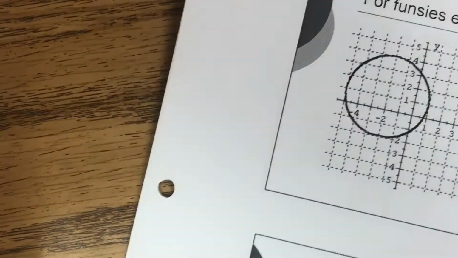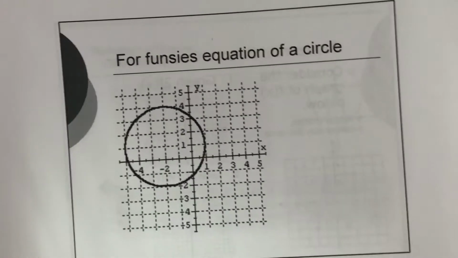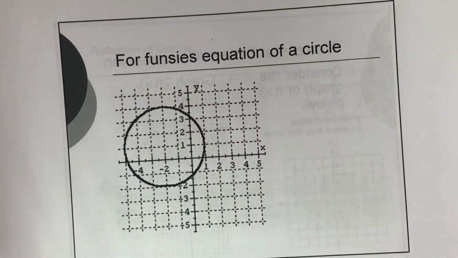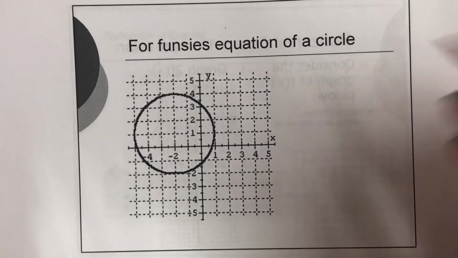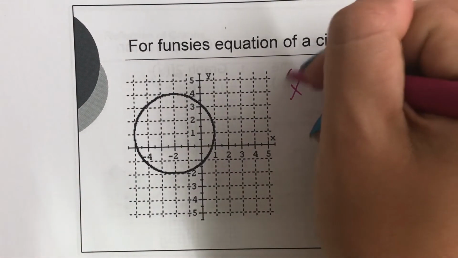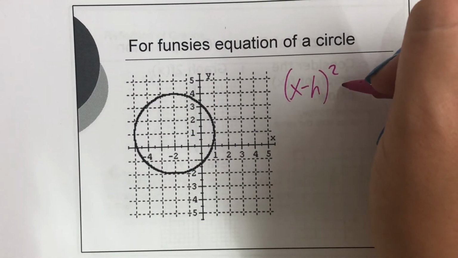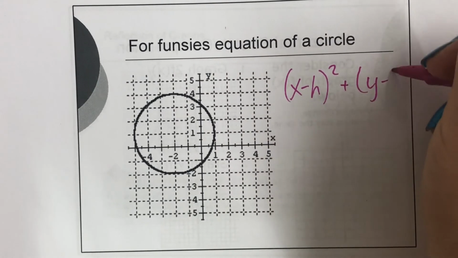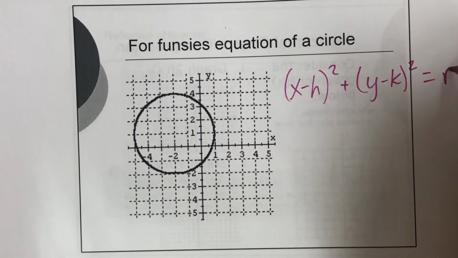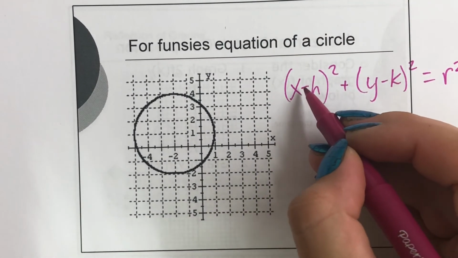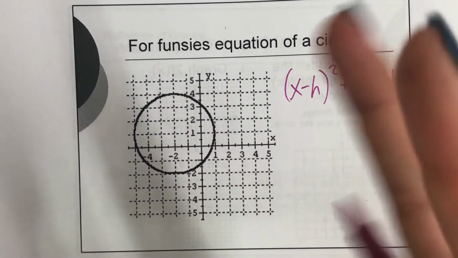All right. Okay, we're going to do this last slide, equation of a circle. This is for funsies. This won't be on a quiz or a test. This is the equation of a circle, x minus h squared plus y minus k squared equals r squared. The reason why I write minus is to remind us that it's the opposite way.